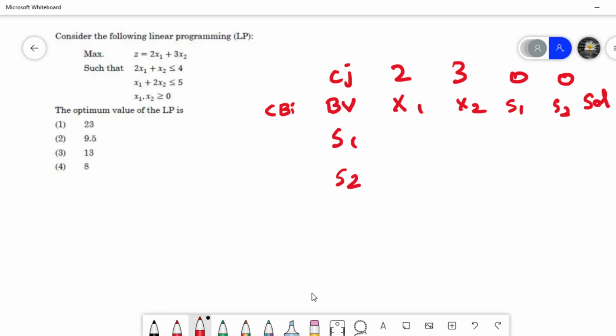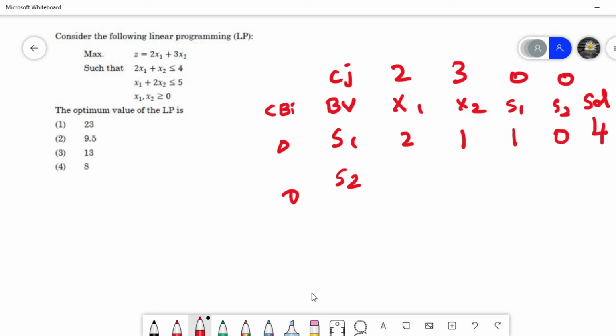Initially the Cj value for s1 and s2 is 0. So now we are going to substitute the values of the constraints in the table. So 2x1, then 1x2, then s1 is 1, no s2 value in constraint 1. Okay, so the solution value is 4.